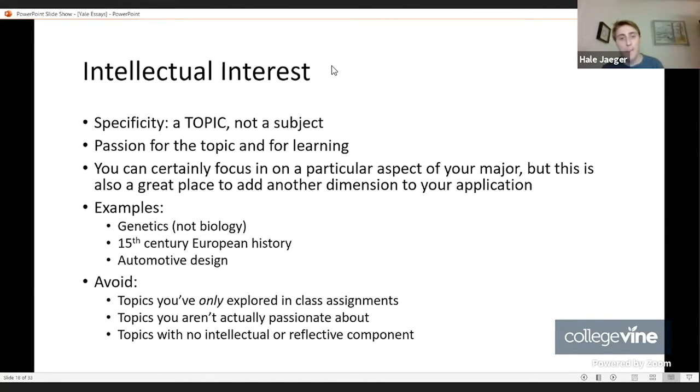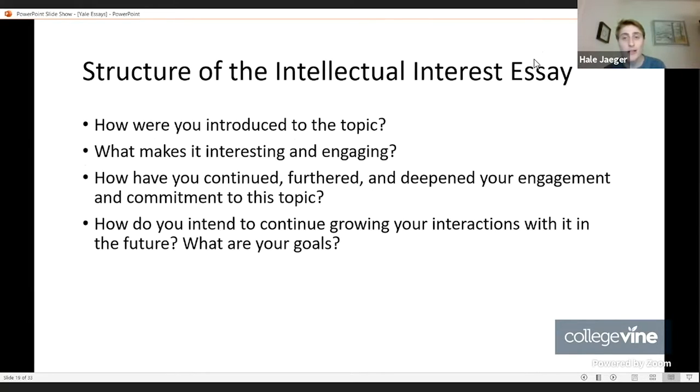So I want to get into what a little structure of this essay might look like. First, answer these questions. How were you introduced to the topic? What is it and how did you find it? Why do you find it interesting? Why do you find it engaging? And then how have you engaged with it? What have you done to deepen or advance your commitment to this thing?